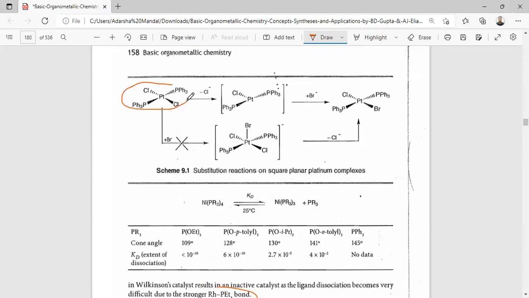So here, this is a square planar complex. Here the substitution is first dissociation of the chloride, then the bromide attacks.